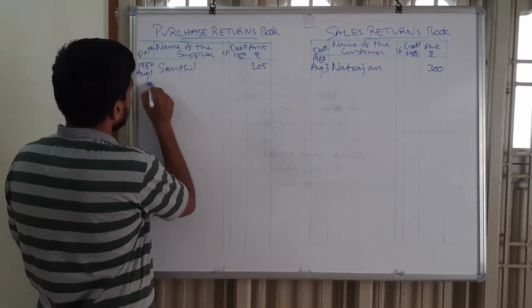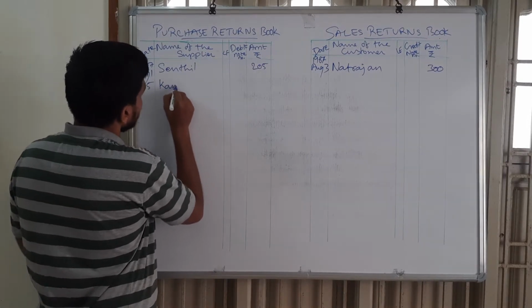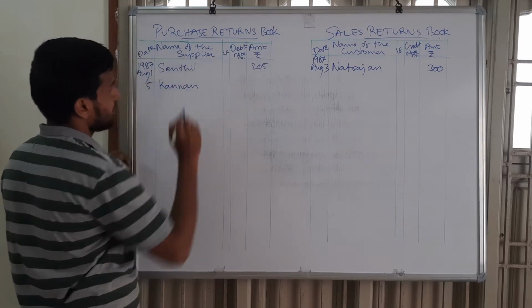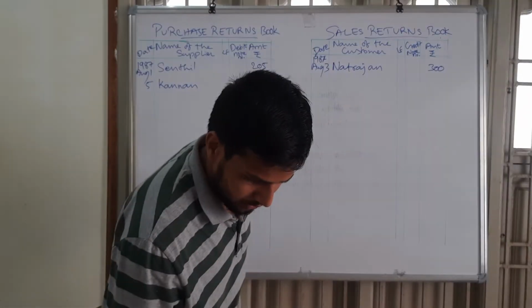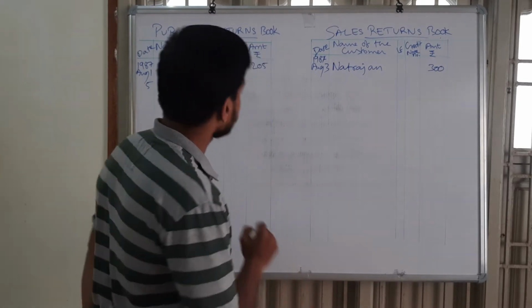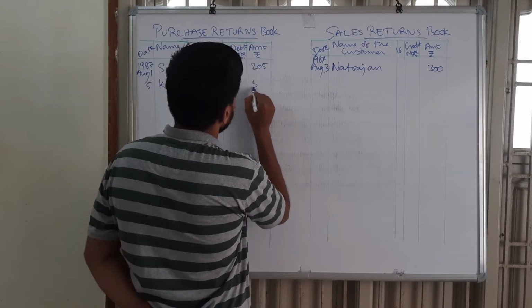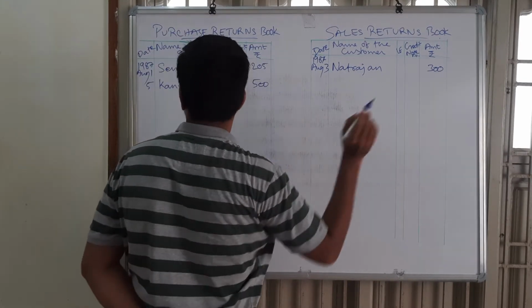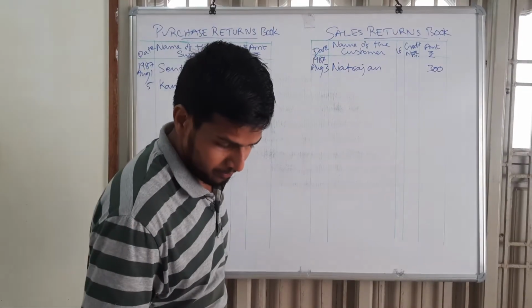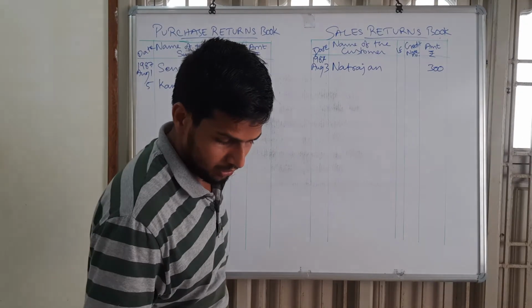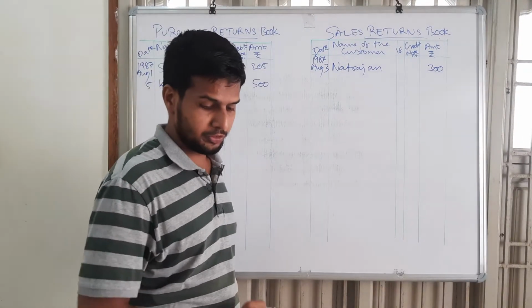August 5. Kannan is the name of the supplier. There is no debit note number, and goods returned to Kannan worth rupees 500. Next, August 7, sales returns of rupees 1260 by Madhavan.